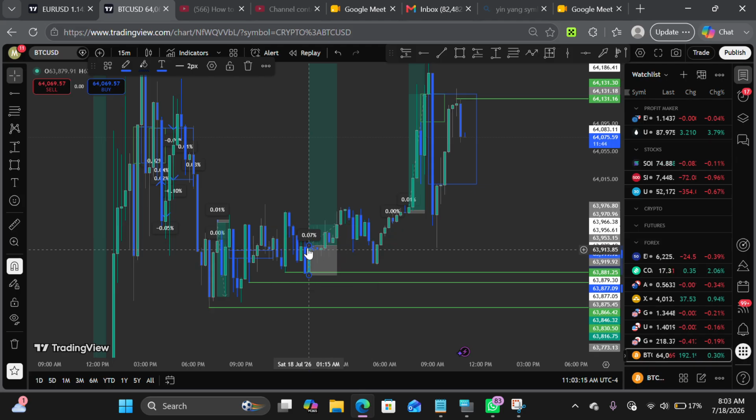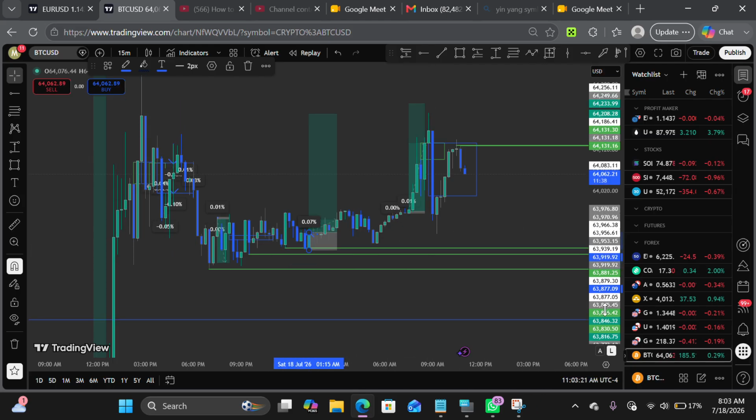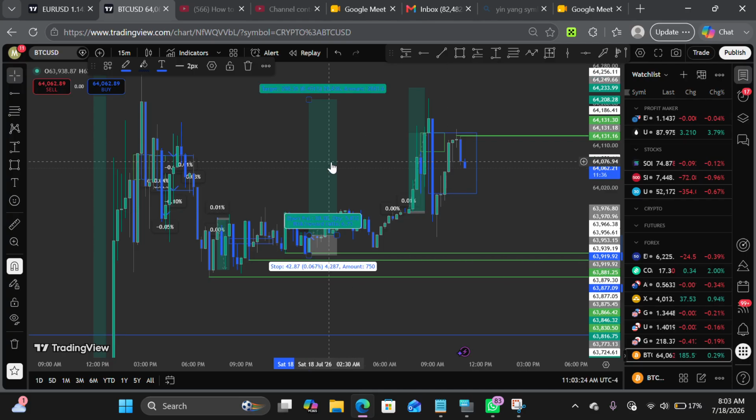That means I'm risking very little amount of pips, and I'm having a high chance of getting a six risk to reward, which, as you can see, we actually hit as a TP.